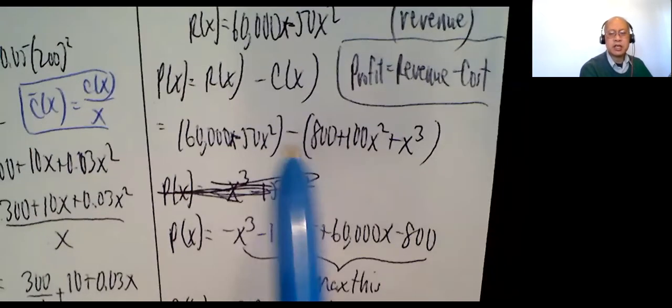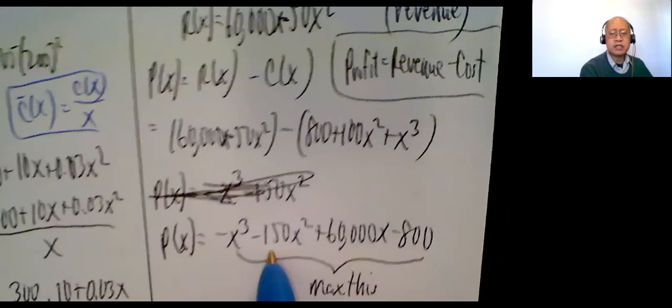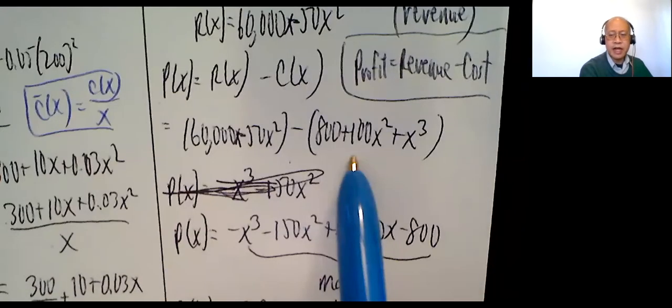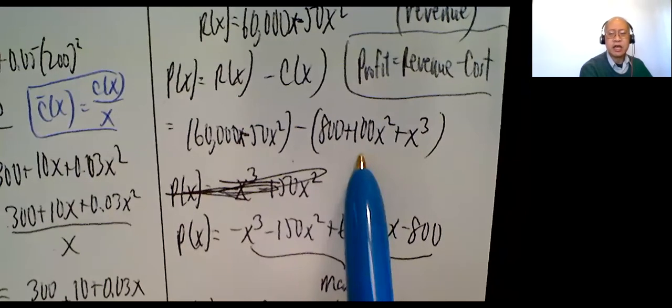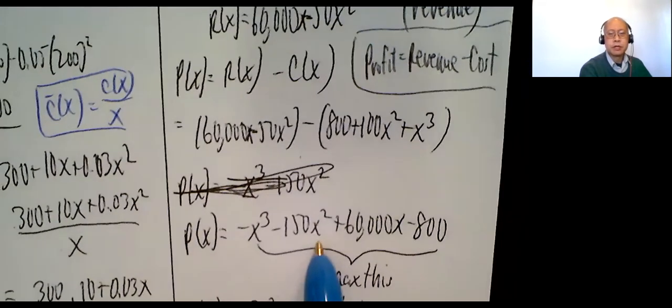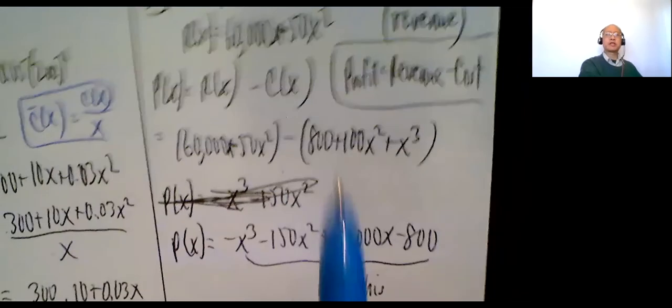So negative x cubed minus 150 x squared. Now, how did I get that? There's a minus 50 x squared, and there's another negative 100 x squared. So negative 50 minus 100, negative 150 x squared. Plus 60,000 x minus 800.